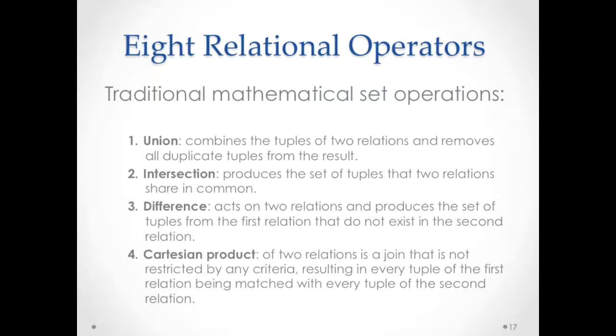One thing you might do is union the data. That means you're just combining them. You're combining the rows from 2 tables or the tuples from 2 relations, and removing any duplicate tuples from the results. A union is an OR. It's anything in this table or that table, inclusive of the overlap between them.